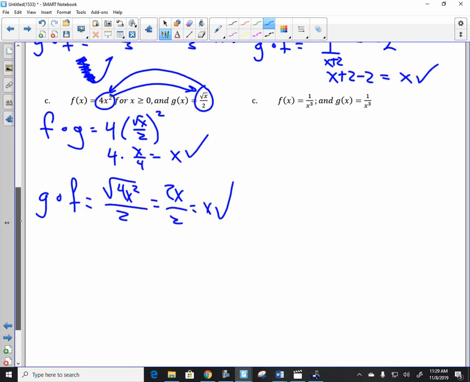What do you notice about these two? They are the same. Do you think it's possible for two functions to be the same and to be inverses of each other? It is. Totally possible. F composed of G would be 1 over x cubed cubed.